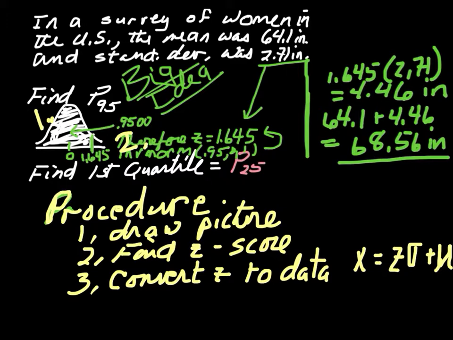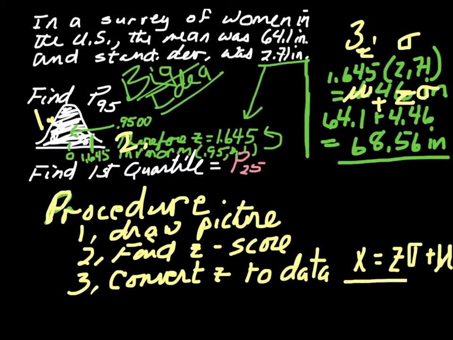And then number three, we needed to convert the z to actual data. And how do we do that? Well, first we took the z right here and we multiplied it by the standard deviation. And then, since this is z times the standard deviation, we added that to the mean.